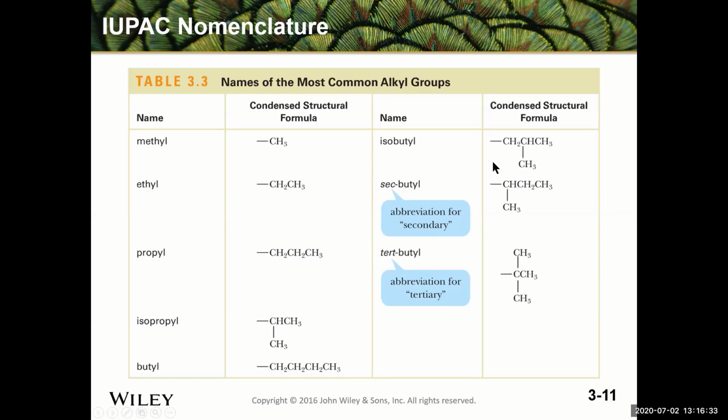You can even have a secondary butyl group, and a tertiary butyl group. So you can have different possibilities for an alkyl group.